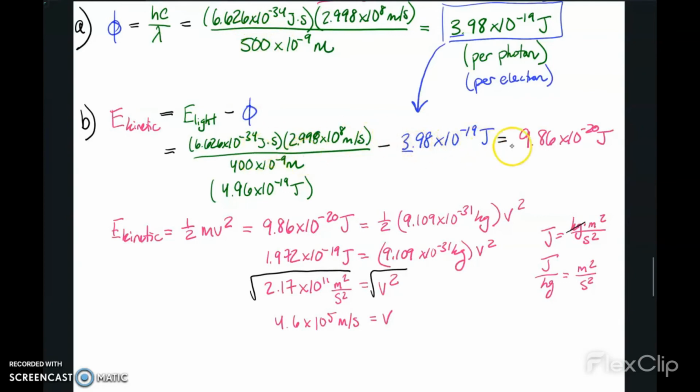And by subtracting those two energies, we get how much energy is left over that's going to be used as the kinetic energy of the electron. Knowing that that's the kinetic energy of the electron, we can just use that with the kinetic energy equation and the mass of an electron to find what the velocity is. So this is really just algebra at this point, as long as you know which values you're using and trying to solve for. Okay, so all of that is part B.